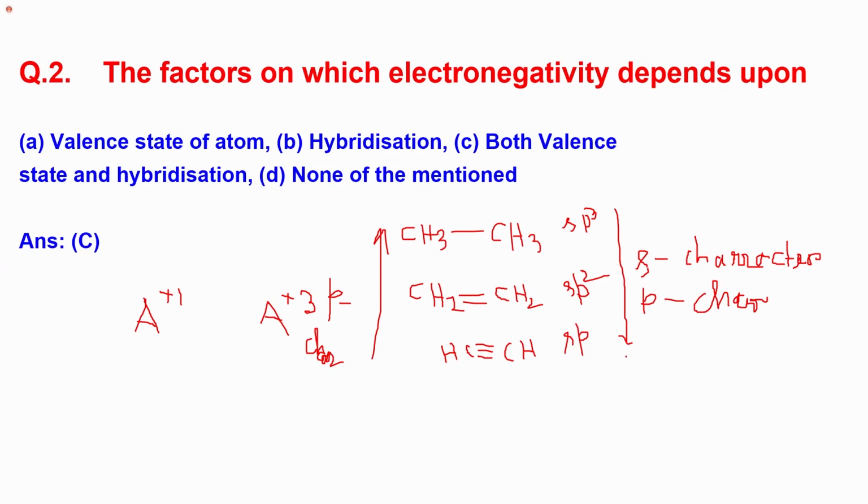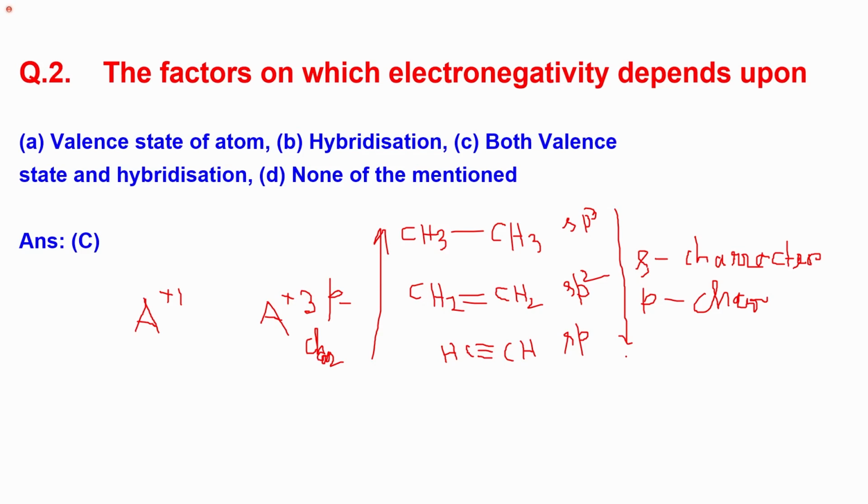Now we'll discuss the order of electronegativity when you are going from sp to sp3. Always remember one thing: whenever you have an sp hybridized atom, sp means more s character, which means more closer to the nucleus. The nucleus always has a greater tendency to attract the electron towards itself.